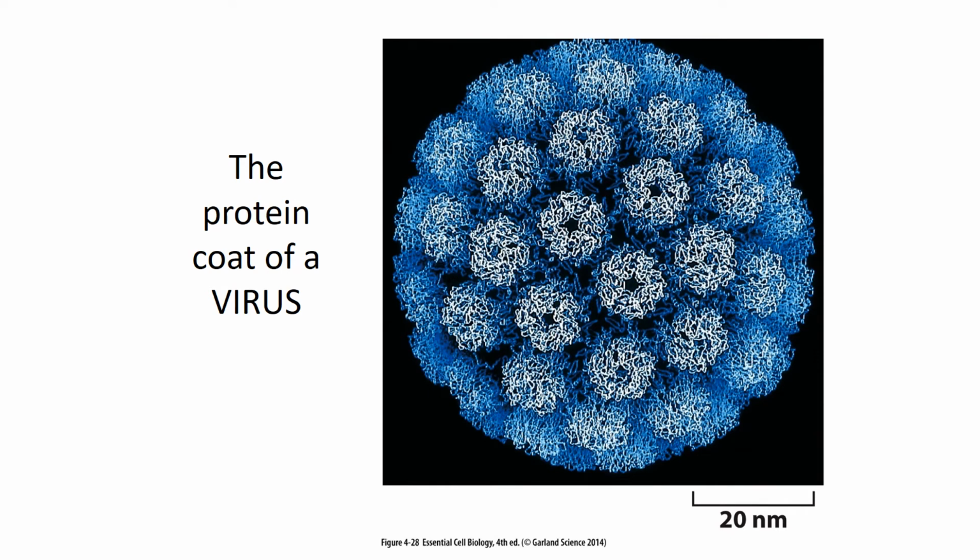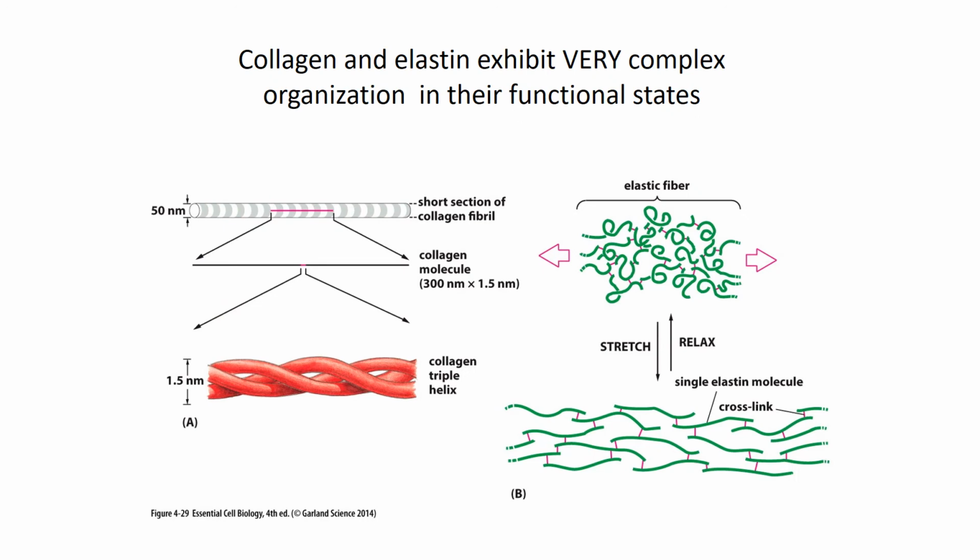Here we see the protein coat of a virus. Each of the small globular units is an individual polypeptide chain that forms a sphere by itself, but these spheres of polypeptide join together to make this protein coat, as we see here. Collagen and elastin are structural proteins of the extracellular matrix.